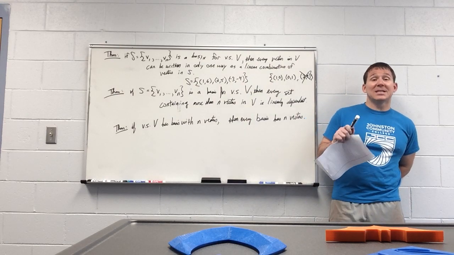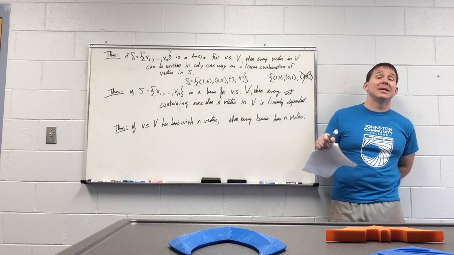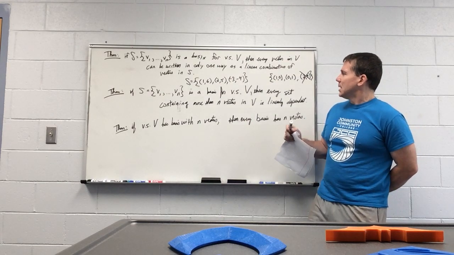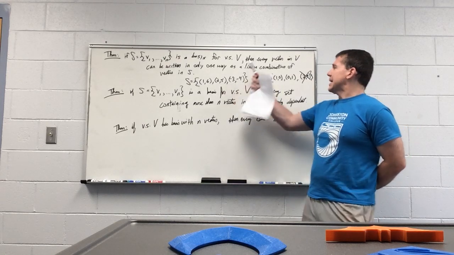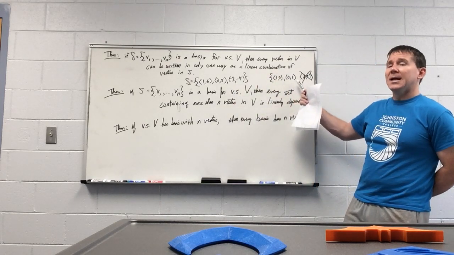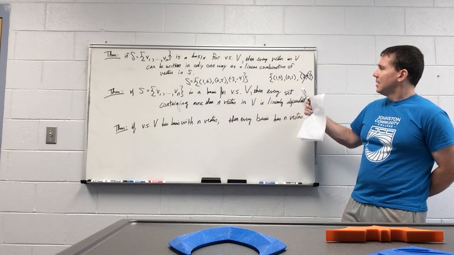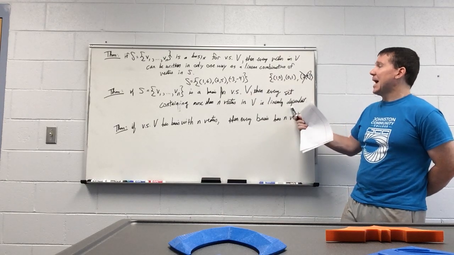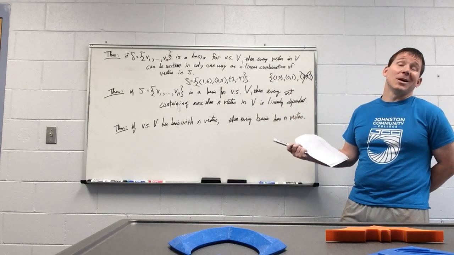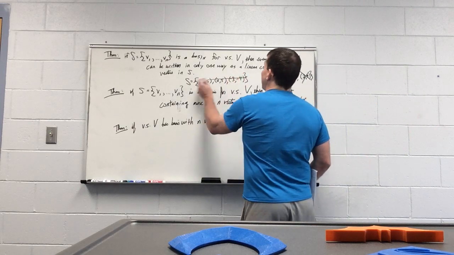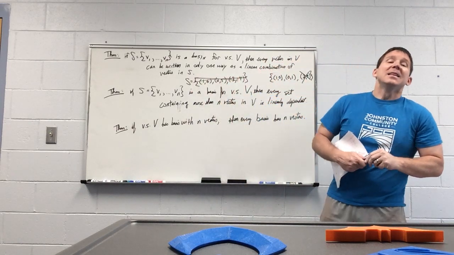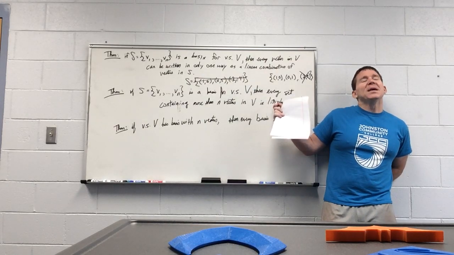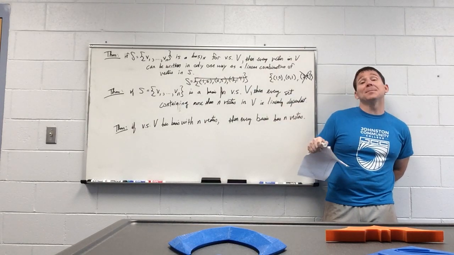You could run through the tests for independence and for spanning, but I know a basis for R2 has 2 elements, and that set has 3 elements in R2, which means it has to be linearly dependent, which means it's not a basis. So again, I'm not going to worry about the proof, it's pretty straightforward algebraically, but it gives us another way to determine if something is a basis or not.